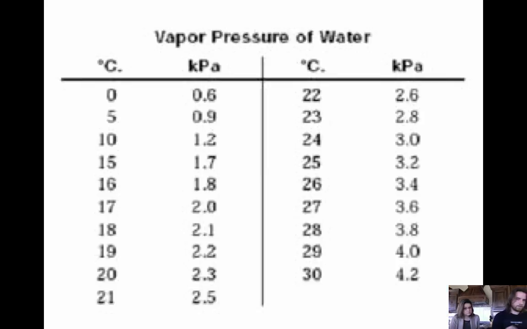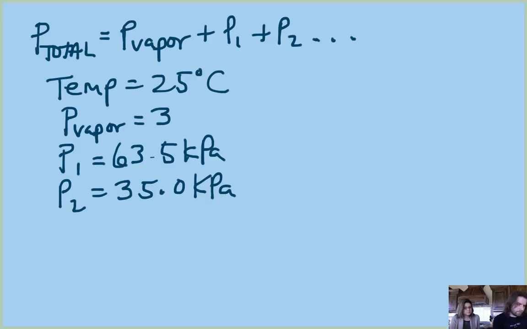Let's switch to our chart real quick, and we look at 25 degrees Celsius. It is on the right-hand side, and at 25 degrees Celsius, water vapor pressure is 3.2 kilopascals. Let's write that in. We would give you the chart every single time. All we have to do is add up those three numbers.